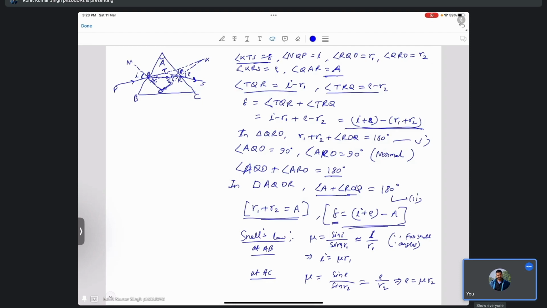Now we have the formula for i and e. We can substitute that in this third equation.